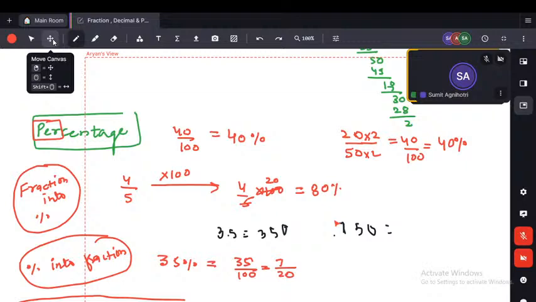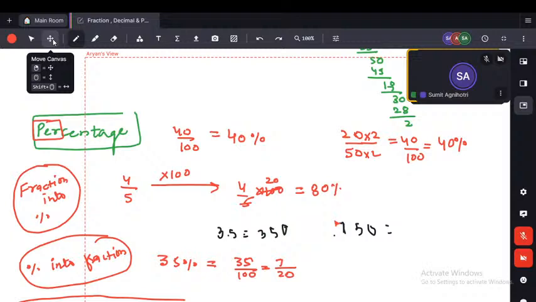Half of 1/3. 1/3 is how much? Yes, you can do like this. 1/3 is equivalent to 33.33% over 2.